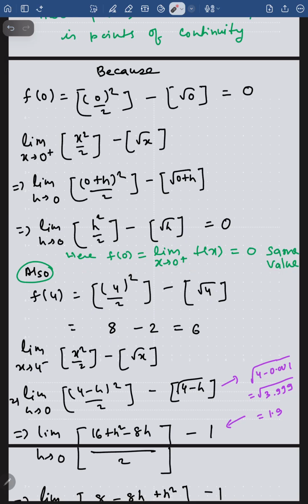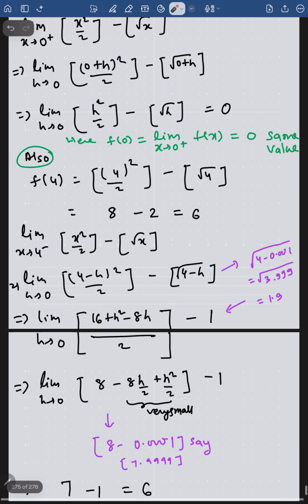We are not checking the limit 0 minus, because our interval is between 0 to 4, means 0 plus and 4 minus. So f(4) is 4 square upon 2, 8, minus 2, which is 6. Limiting value, that is x tends to 4 minus, of x square upon 2 minus root under x.